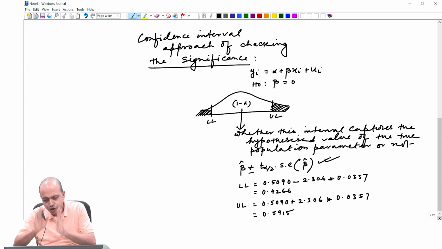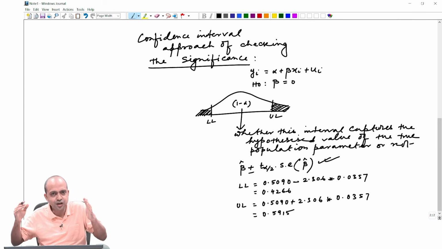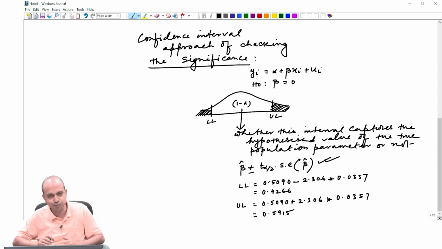So, this is how the interval is constructed, and as I said earlier, the standard error determines the size of the region. That means the width of this interval is determined by the standard error, because beta hat is constant, fixed, and t alpha by 2 is also fixed for a given number of observations.